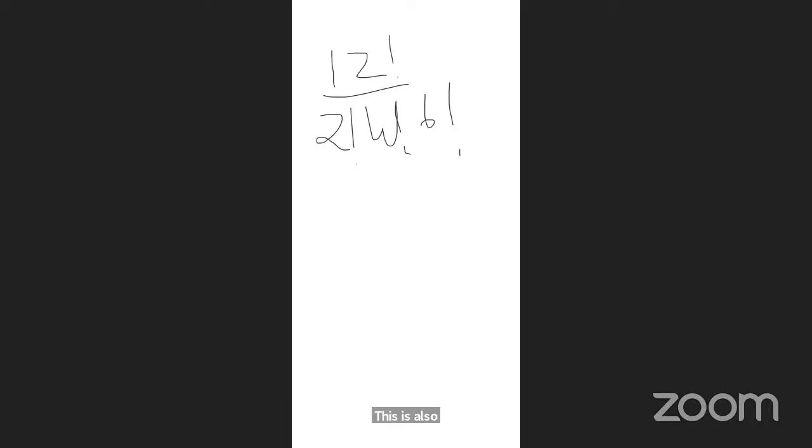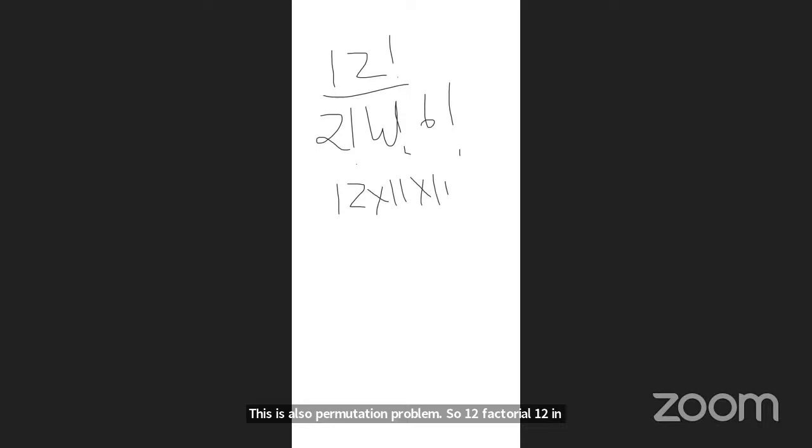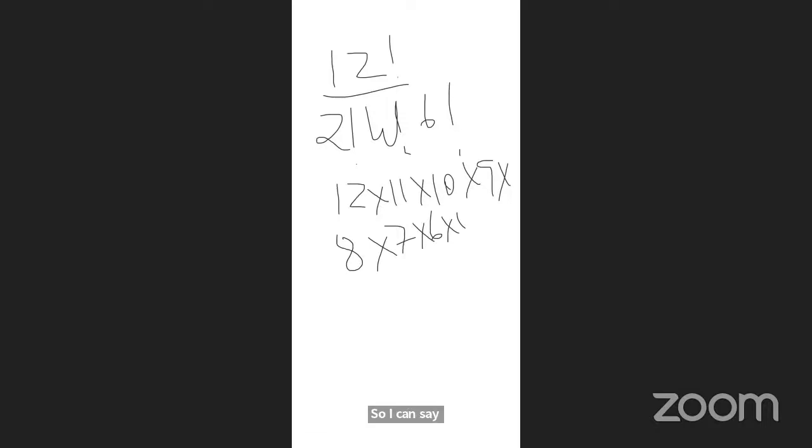So 12 factorial, 12 into 11 into 10 into 9 into 8 into 7 into 6 into 5, so I can say up to 6 factorial, because we have 6 factorial in the denominator, right?